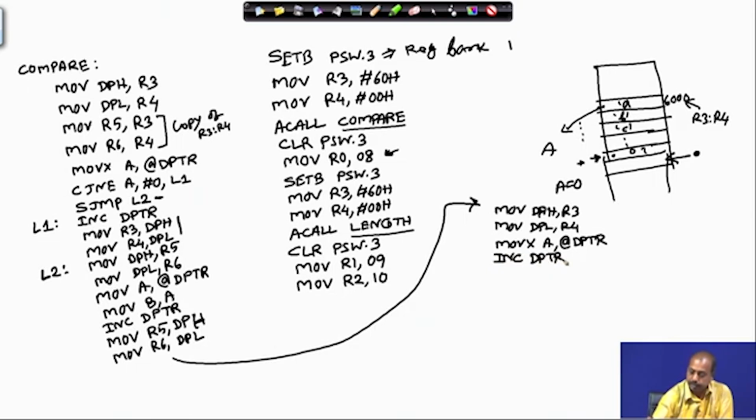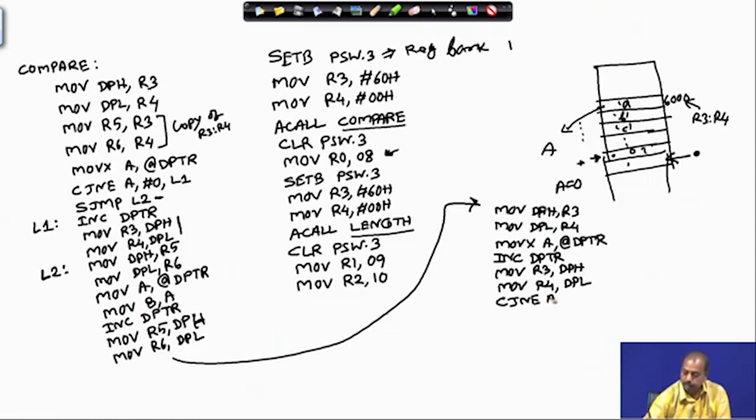We have read the first character from the second string, so the pointer should advance. This pointer is advanced and the values are saved in R3 R4 again. So MOV R3, DPH and MOV R4, DPL, they are saved there. And then what do we do? We do CJNE, compare jump on not equal.